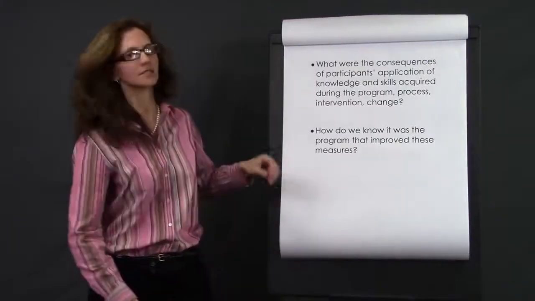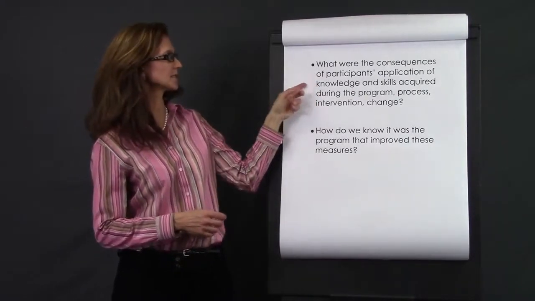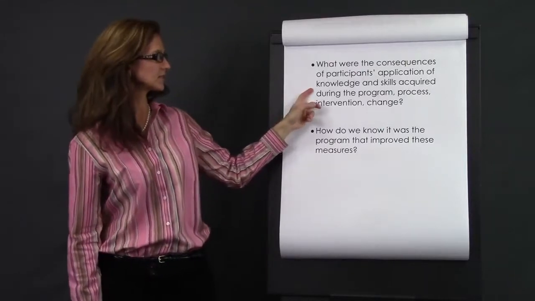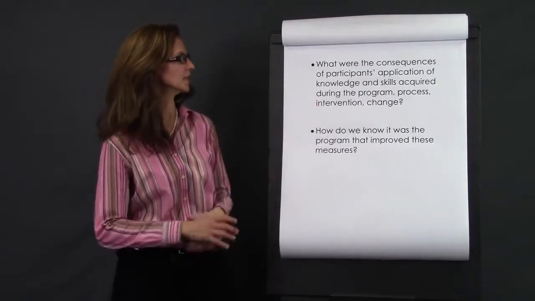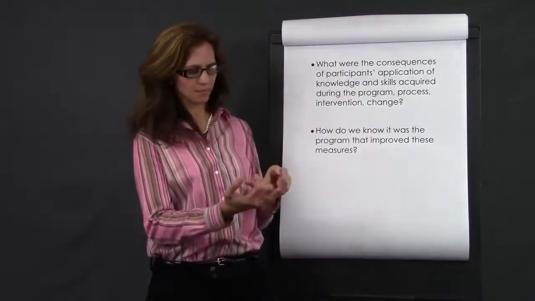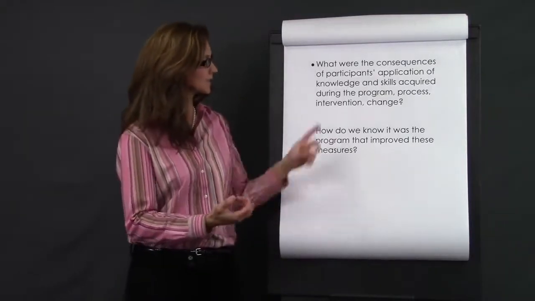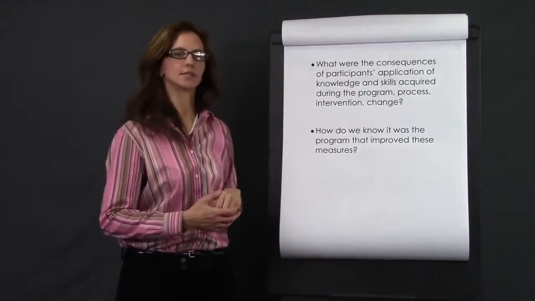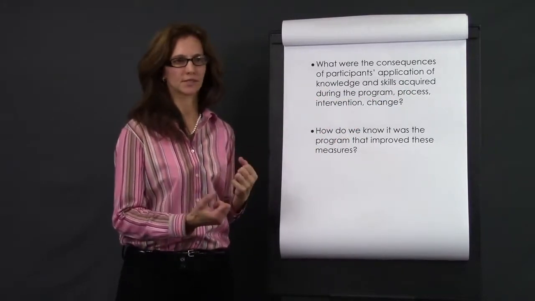A couple other questions here. What were the consequences of participants' application of knowledge and skills acquired during the program, process, intervention, and change? So these are overall consequences. Remember, Level 1 is their reaction to something, Level 2 is their knowledge, and skills acquired in terms of their behavior was Level 3.